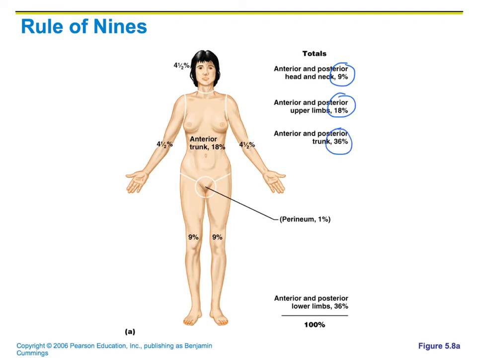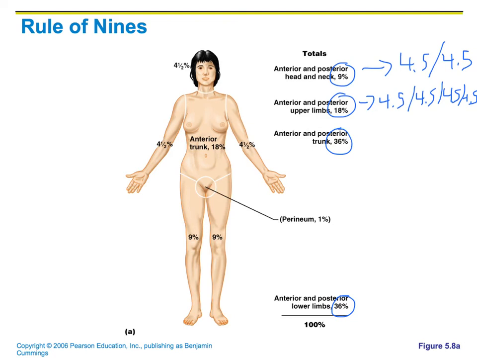In terms of the rule of nines, again, I would think the easiest way is to memorize these numbers, 9, 18, 36, 36, and to realize that if it's the front of the head and the back of the head, you're going to cut that in half, potentially to 4.5 and 4.5. For the arms, realize that you might need to cut that into quarters. Each side of each arm is going to be 4.5.